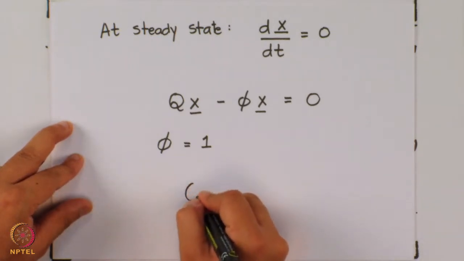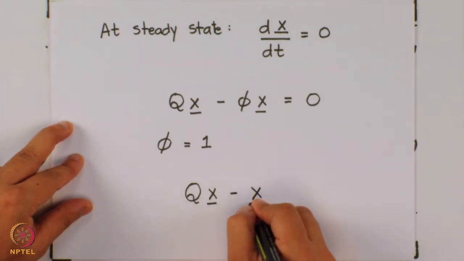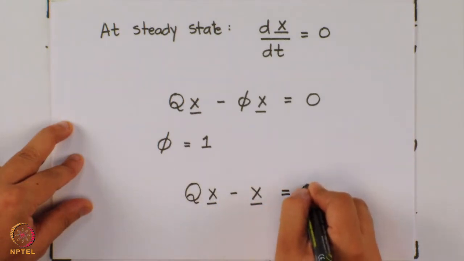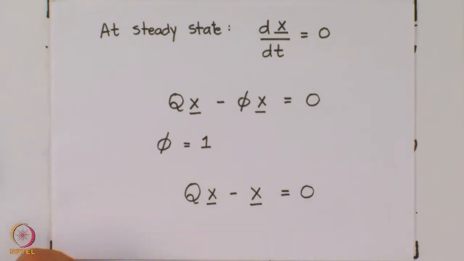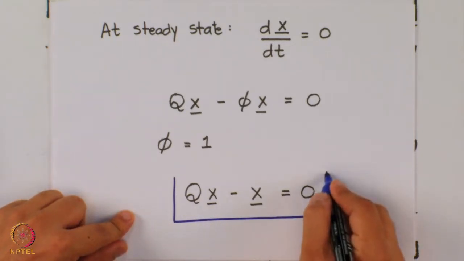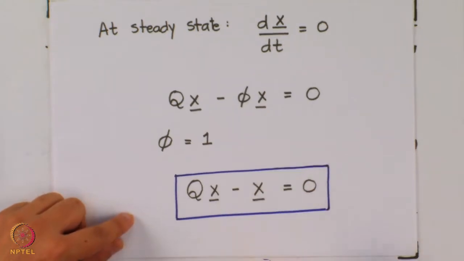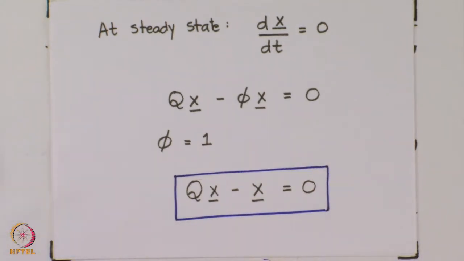Our equation reduces to Qx minus x equals 0, where Q is a matrix and x is a vector. So, this is the equation that we are interested in solving, which tells us that if we have n distinct genotypes which are equal in fitness but are mutating among themselves, what is the composition of the population at steady state, because we have put dx by dt equal to 0.